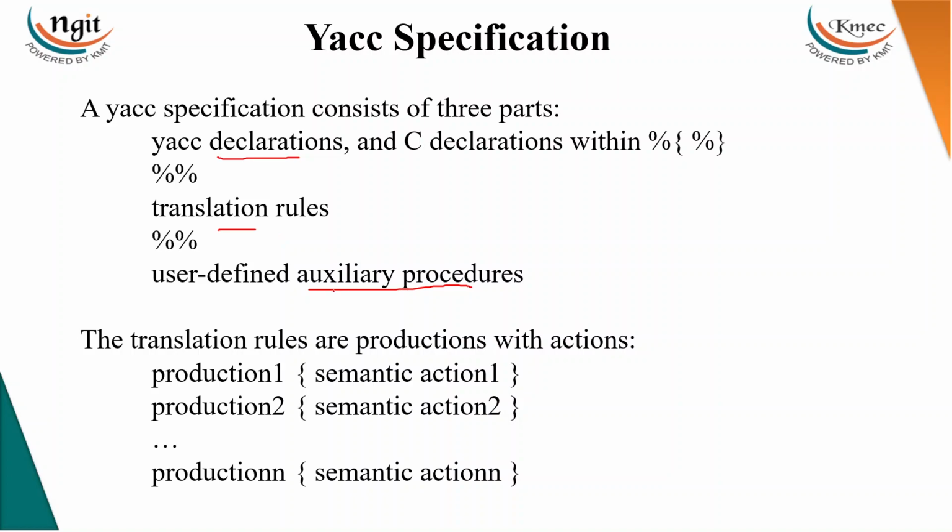In the auxiliary procedures, we call the appropriate procedures, whether you are writing in C or Java. For example, if you have a production like S tends to XY, what action you have to perform, whether you have to update something or derive something, you specify here.